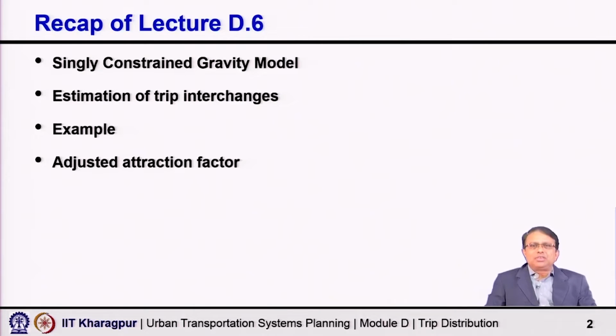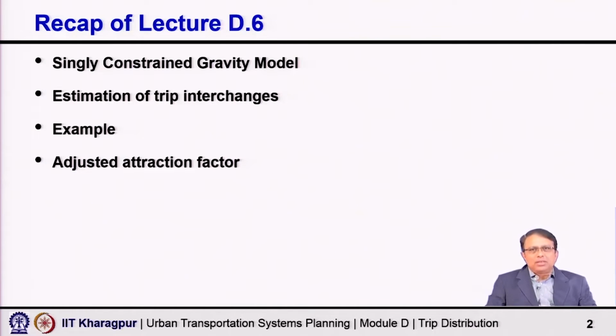In the previous lecture, lecture 6, we discussed in detail the singly constrained gravity model, and why we call it singly constrained. We mentioned that it could be production constrained or attraction constrained. Then we said how, stepwise, we develop such models and apply them.